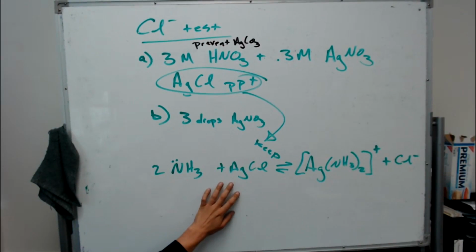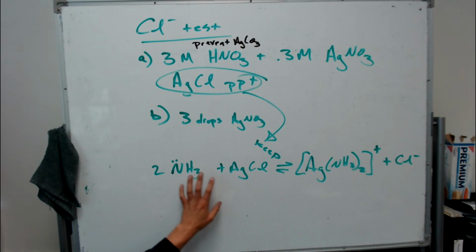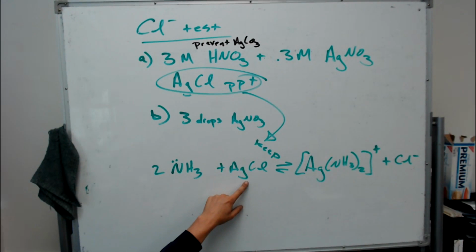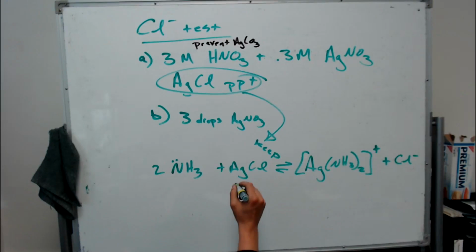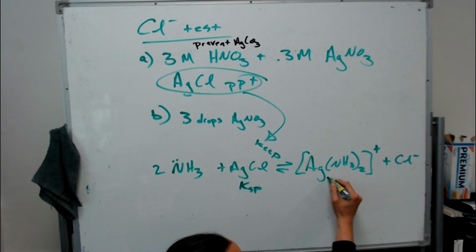Electron donor, electron acceptor. And the NH3 is going to displace the Cl. We can look at this in terms of the Ksp for AgCl versus what we call the Kf.